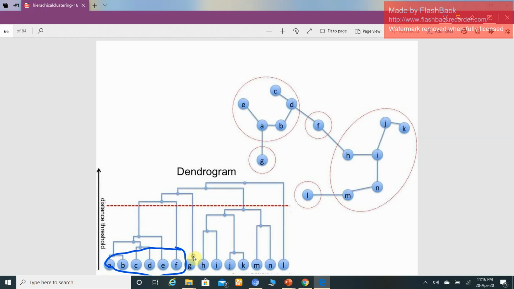G is in another cluster. Next, I is in one another cluster.